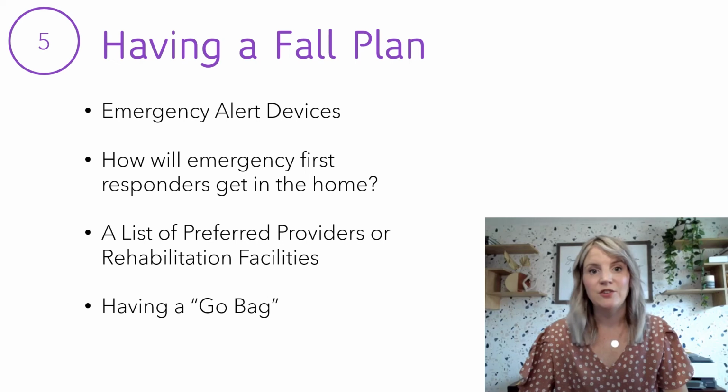They could even put in your garage code or front door code if you have a keyless door lock entry. If you do not have an emergency alert device, you could and should call your local fire department and ask if they have a system to keep this information on file as well. The last thing you want to worry about after experiencing a fall is having to find someone to fix your broken door.